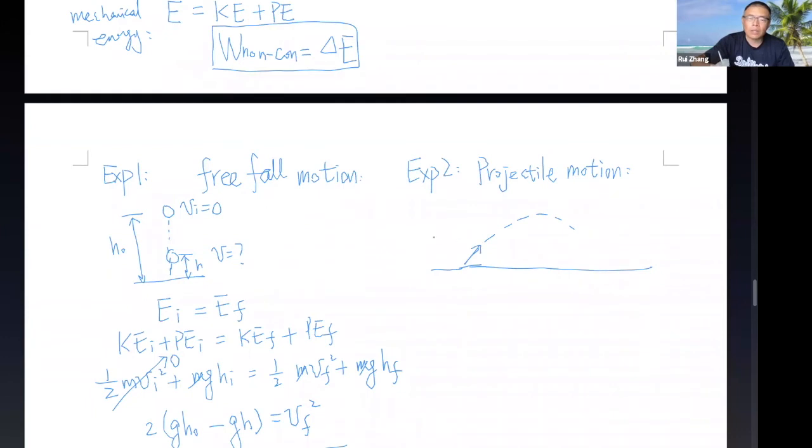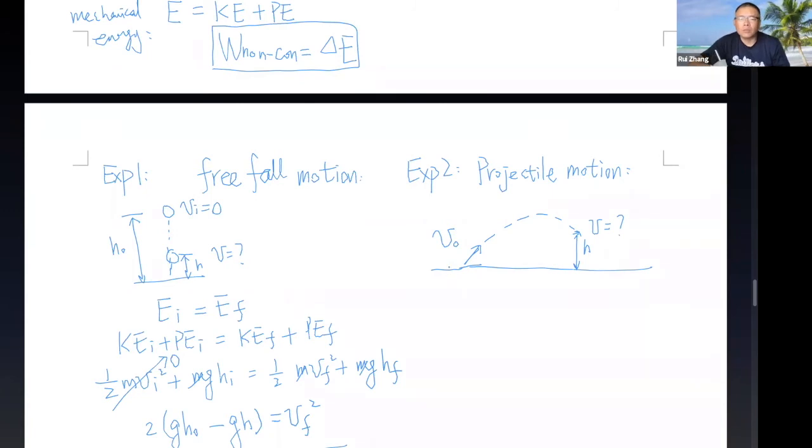Suppose we know the initial velocity is v naught. Now our question is, at some height h, what is going to be the final speed at h? You can solve this problem with the projectile motion we learned in chapter 3, 2D motions, but it's going to be complicated.